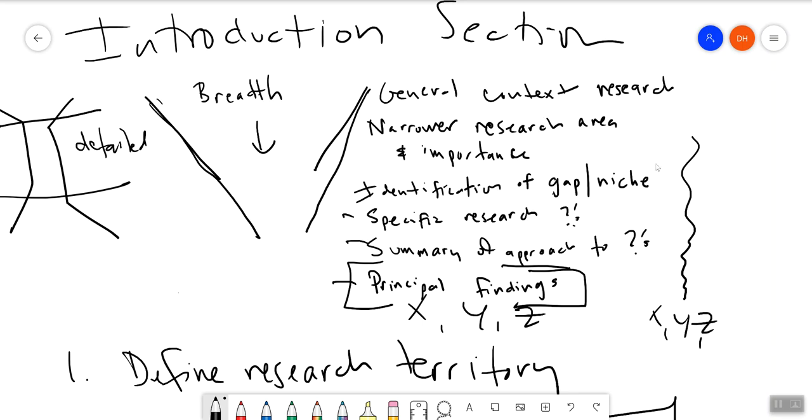I would then narrow the research area and importance by saying something like, identifying individuals early on who may exhibit sociopathic or psychopathic tendencies is important. Through fMRI studies, identify the gap: there has been no definitive research done on irony comprehension or metaphor comprehension or humor comprehension in sociopaths.